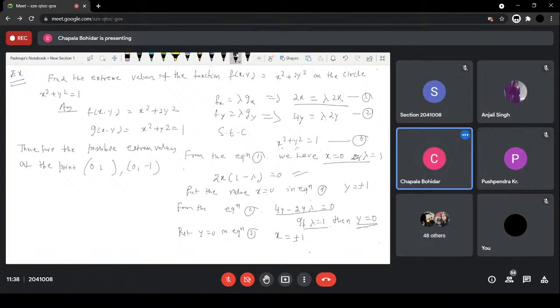When y is equal to 0, x is equal to plus minus 1. These are the extreme value points. Now we have to evaluate the function at these points.